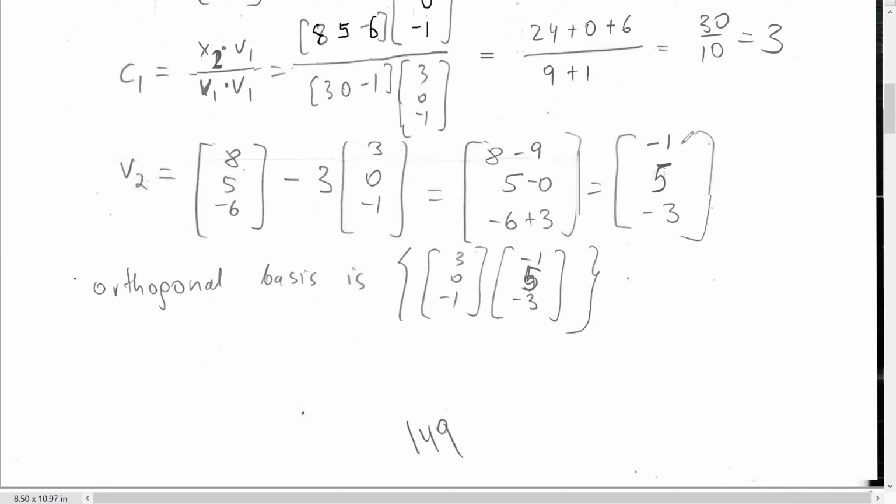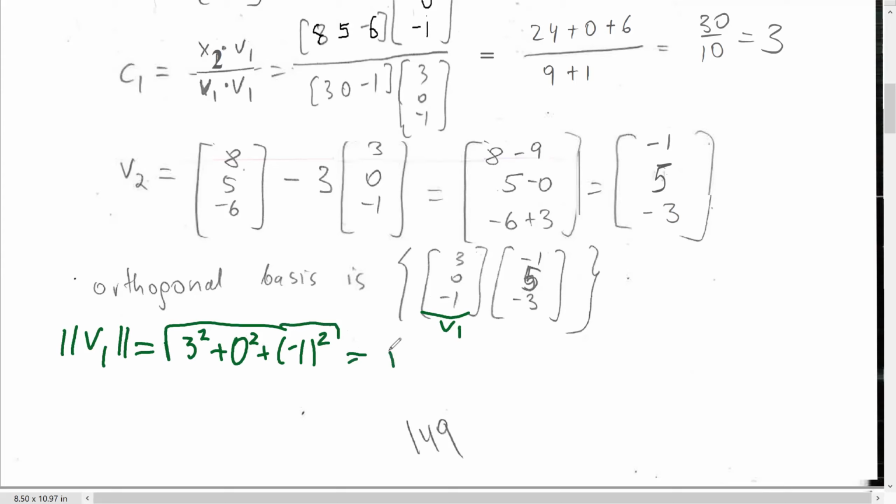So this is my v1 one more time. We would calculate the norm of v1, which is the square root of 3 squared plus 0 squared plus minus 1 squared. In that case, the square root of 9 plus 1 is the square root of 10. So then the orthonormal vector would be v1 rescaled, divided by this, so we would pretty much normalize them.